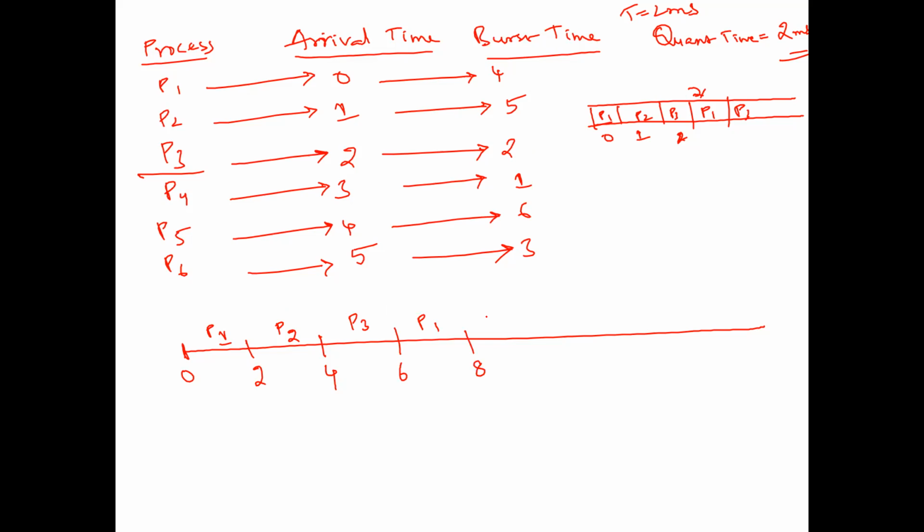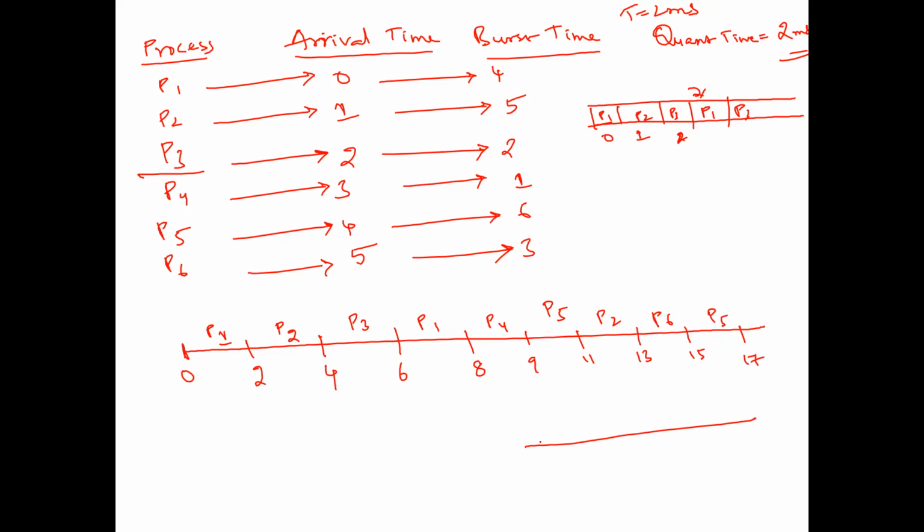P1 will take 2 units of time. Then P4 will take only 1 unit of time, so that is 9. Then P5 will take 2 units of time, that is 11. Then P2 will take 2 units of time, that is 13. P6 will take 2 units of time. Again, we will take P5. It is 17 units of time. This is the continuation.